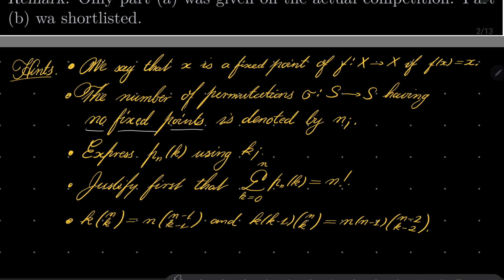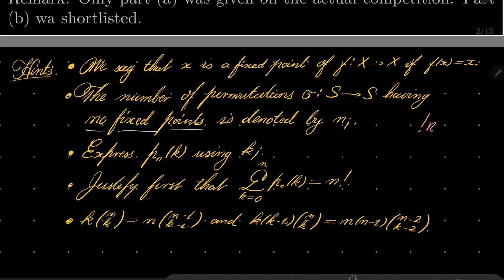It's not completely standard notation. You may also see this horrible notation, which I despise. I use notation proposed by the authors of Concrete Mathematics: n with an inverted exclamation mark, as in the Spanish language, for example, denotes the number of permutations having no fixed elements.